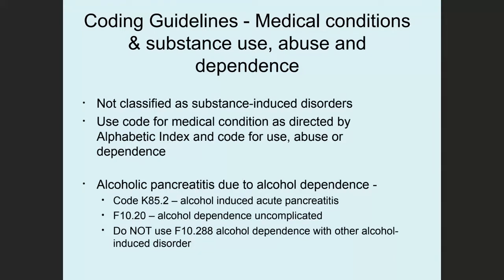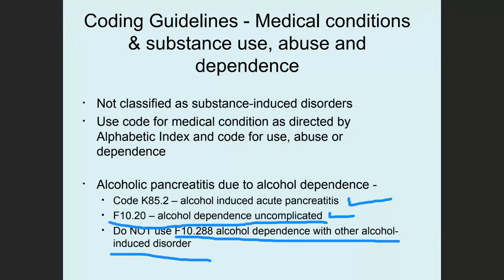Now, of course, you're going to do the code for alcohol-induced acute pancreatitis in the K section, but you're also going to do the alcohol dependence is uncomplicated. The guidelines say don't use F10.288, which is alcohol dependence with alcohol-induced disorder. So you're going to use this one as uncomplicated, even though this pancreatitis was caused by the alcohol use.